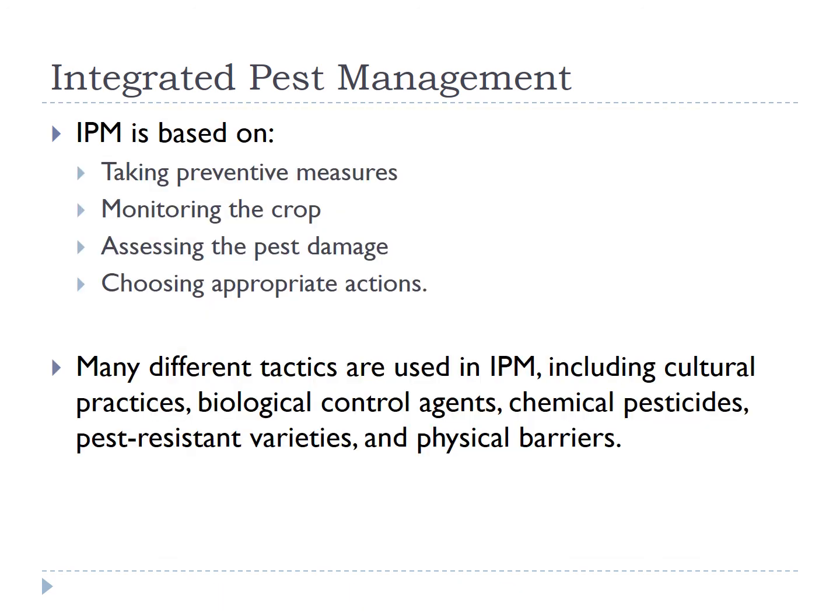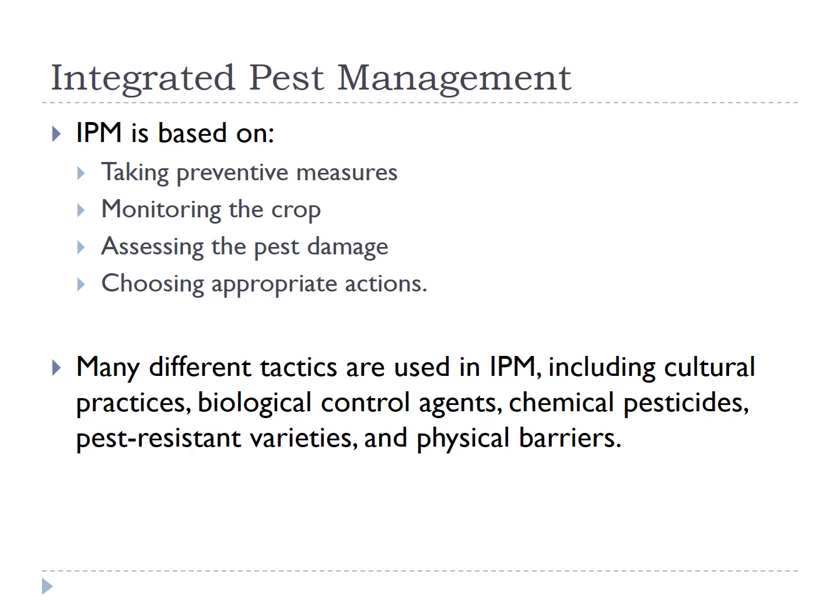Integrated pest management is based on a few key things. One of the big ones is taking preventive measures to prevent pests from becoming problems in the landscape, and monitoring the crop. In this case, our crop are trees or landscape plants. And so monitoring them to make sure that they are healthy and having an understanding of what kinds of pests are bothering them.